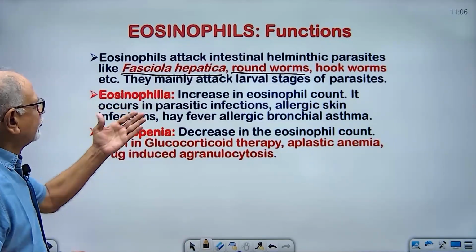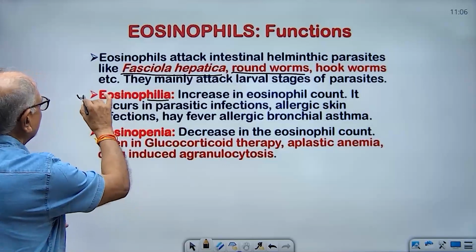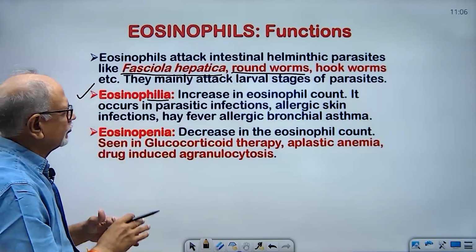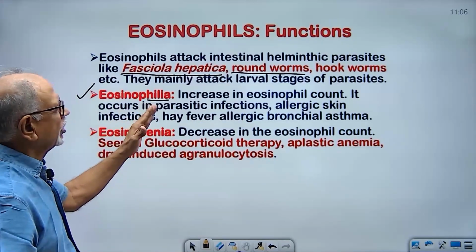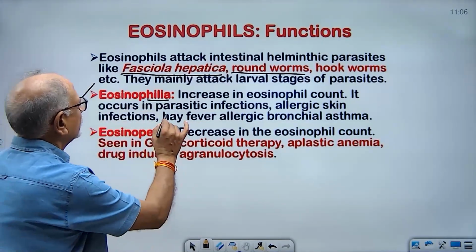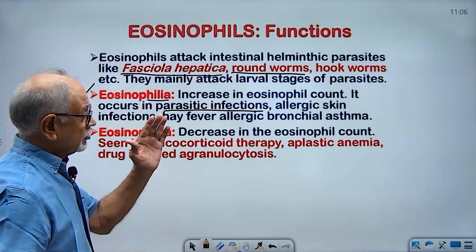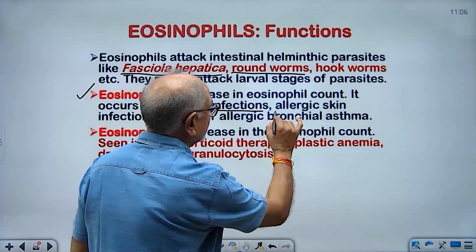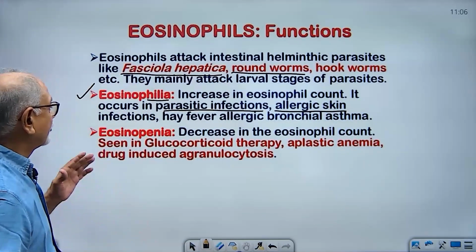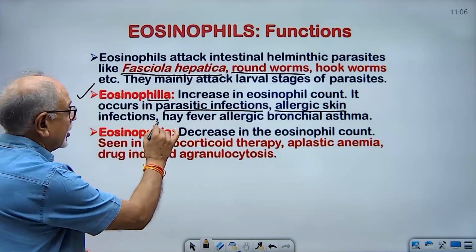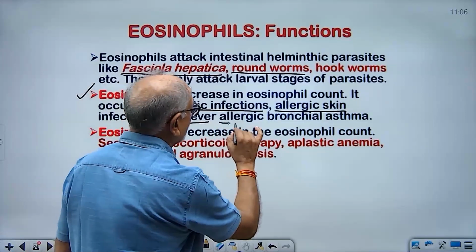Then eosinophilia, as I just mentioned, philia means more. When the count of eosinophils increases, it is called eosinophilia. It occurs in parasitic infections. It occurs in allergic conditions of skin, in hay fever, in allergic bronchial asthma.